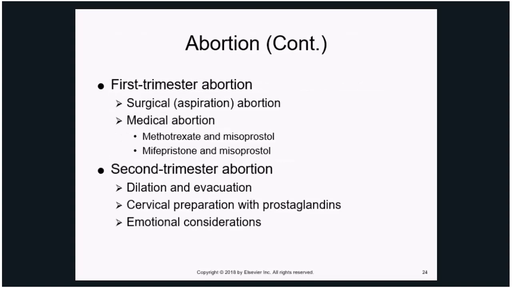First trimester abortion is done with surgical aspiration or medical abortion such as methotrexate or misoprostol. Second trimester abortion is done with a D&C or dilation and evacuation, with cervical preparation with prostaglandins. Be aware of the emotional considerations of a second trimester abortion.